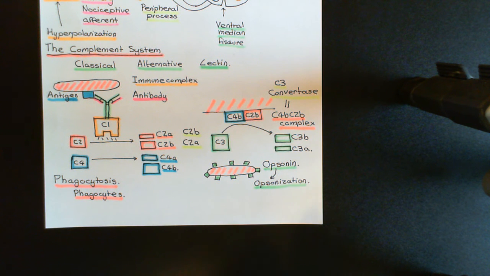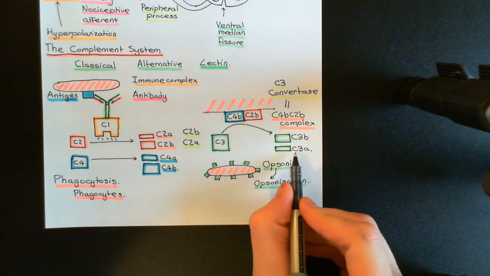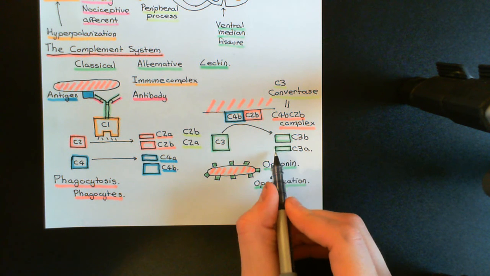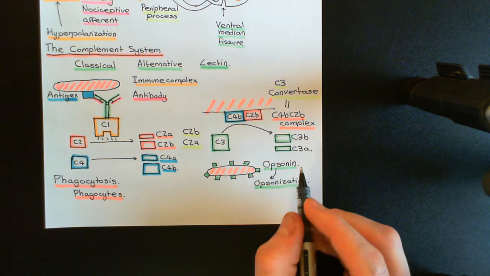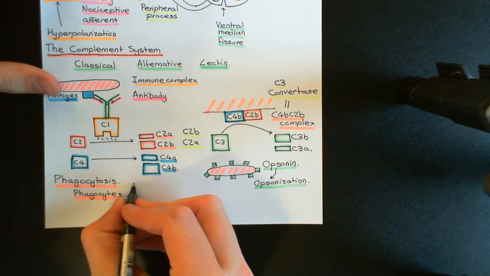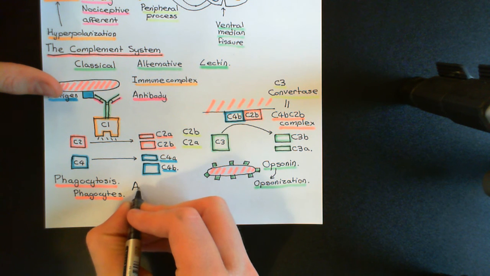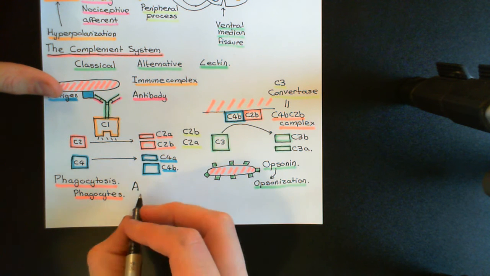In addition, before we go any further, because C3b can do other things to help kill the pathogen besides opsonization, I also just want to mention what C3a does, because C3a, this small fragment of C3, actually does something very important. C3a is going to potentiate the acute inflammatory response. It's going to maintain it.